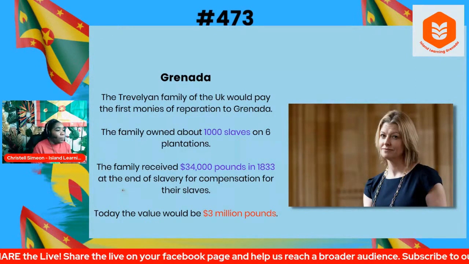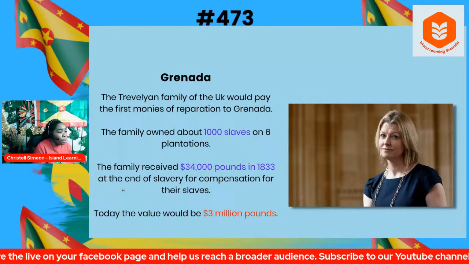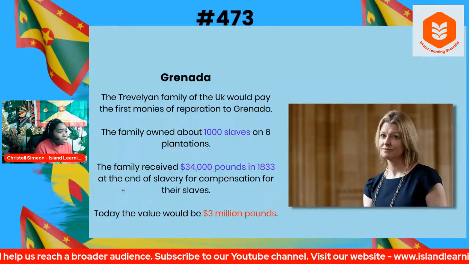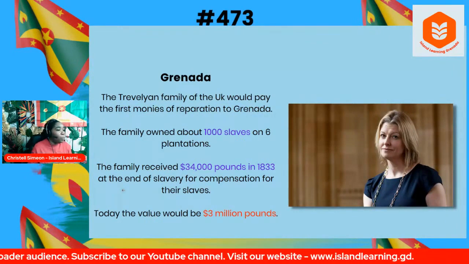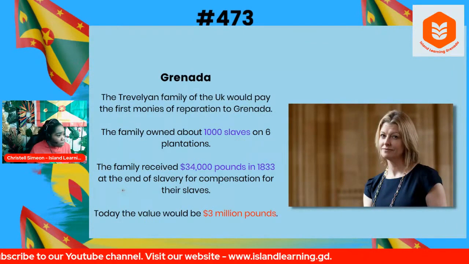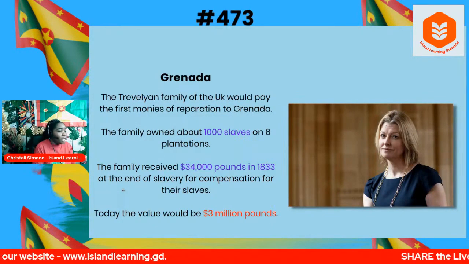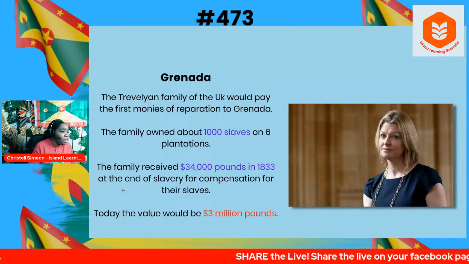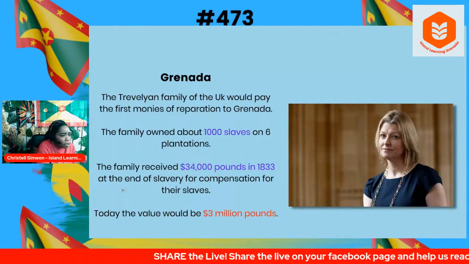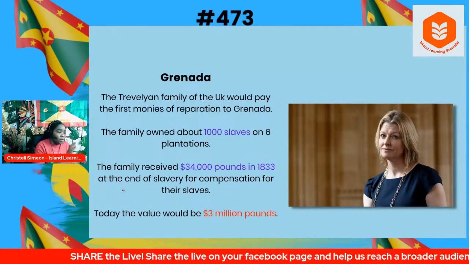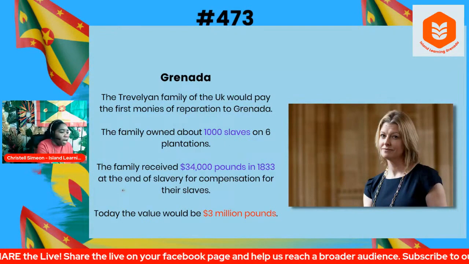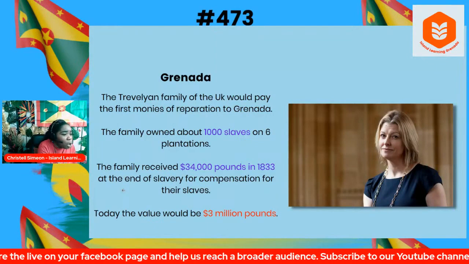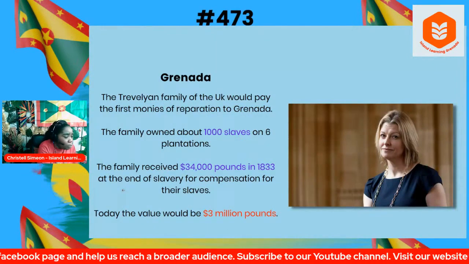So what the plantation owners were compensated for was loss of property, because the slaves were regarded as property, not human beings. Because of that, they got £34,000 as compensation, and I have been told that today that money would be worth about £3 million.